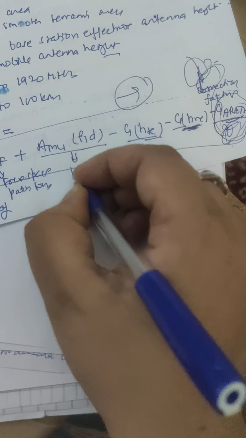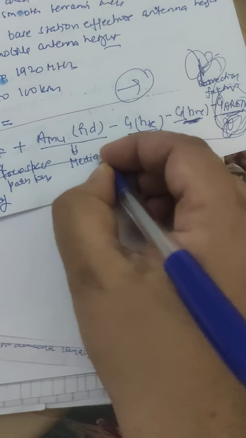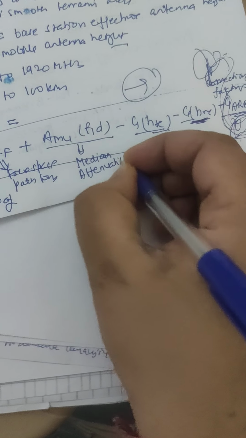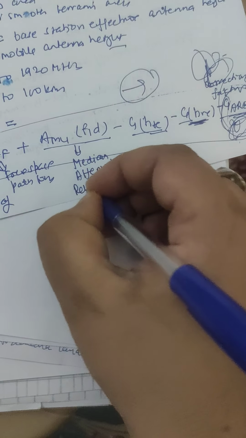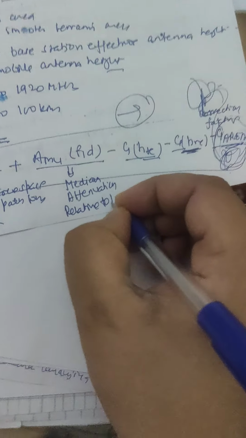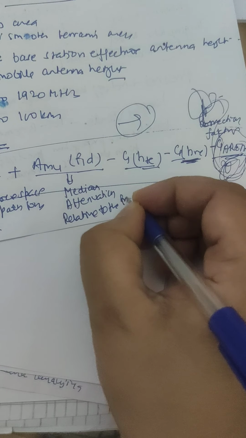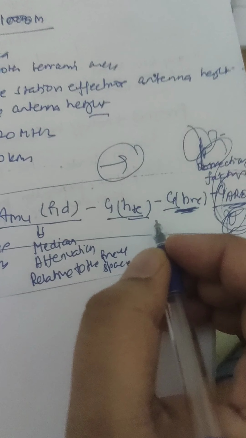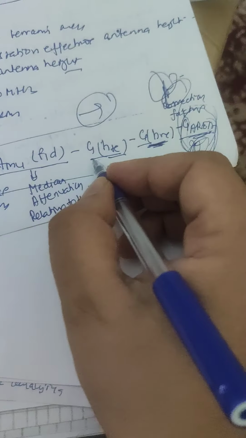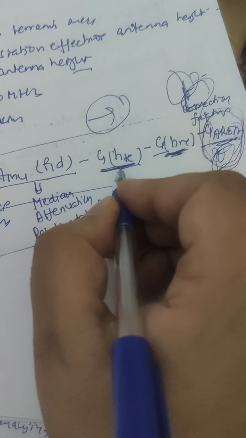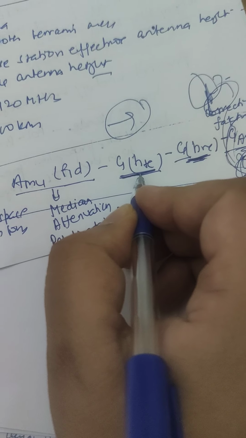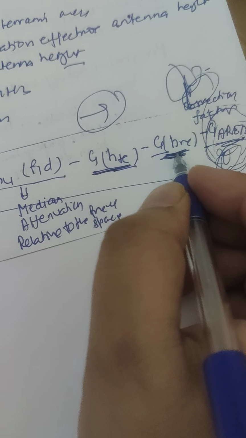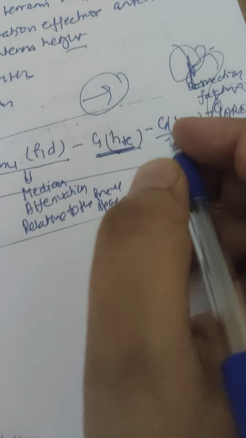This is the median attenuation relative to the free space, and this is the base station antenna height gain factor. This is the mobile station antenna height gain factor.